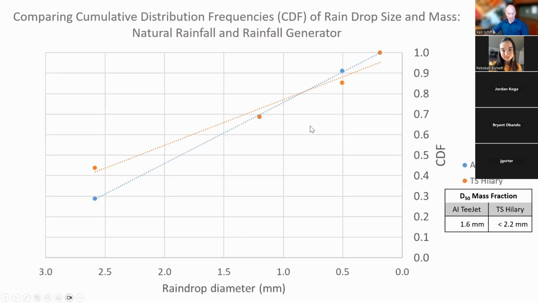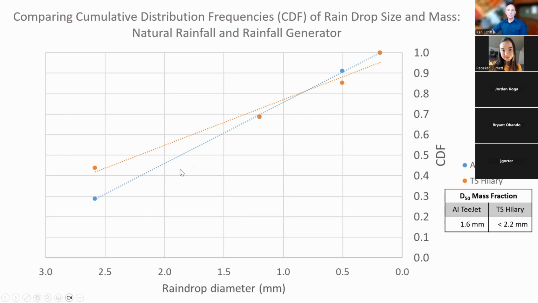So what's kind of the results when you finish with that is something that looks like a graph, something like this. So here along the x-axis is the raindrop diameters, right? Based on the flour test. It starts at 0 over here, it gets larger as you go to the left. And then the y-axis is cumulative distribution frequency. So this is how frequently, either by count or by mass, do you get this size distribution.